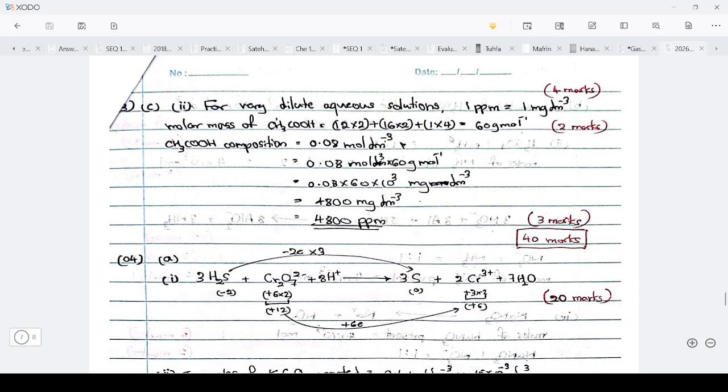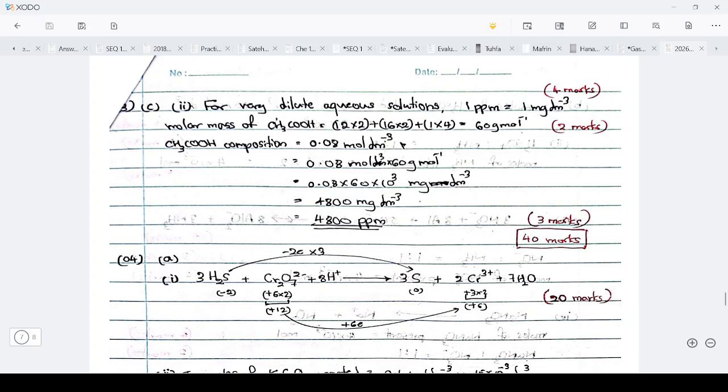Then you get the molar mass, find the moles and the mass, put it into milligrams, and you get 4800. So expressed in milligrams per decimeter cube, there is your ppm value, 4800 ppm. Is that clear? That's how you get the ppm value, by assuming it is a very dilute solution.